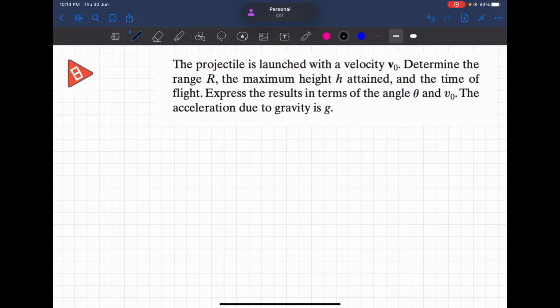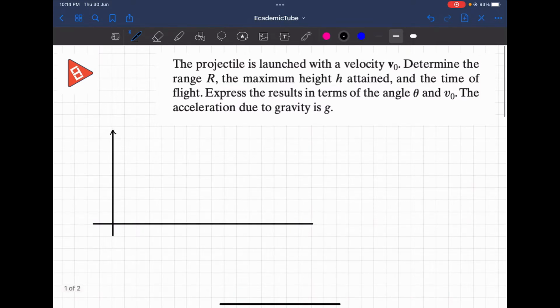So today we are going to solve, or you can say derive, a problem. It is given that the projectile is launched with a velocity v0. First of all, let me draw the coordinate system.